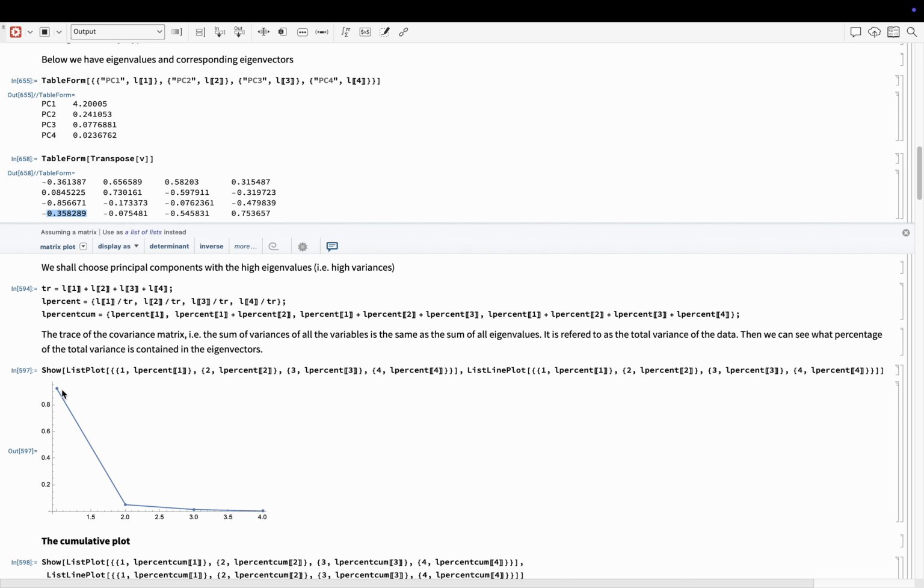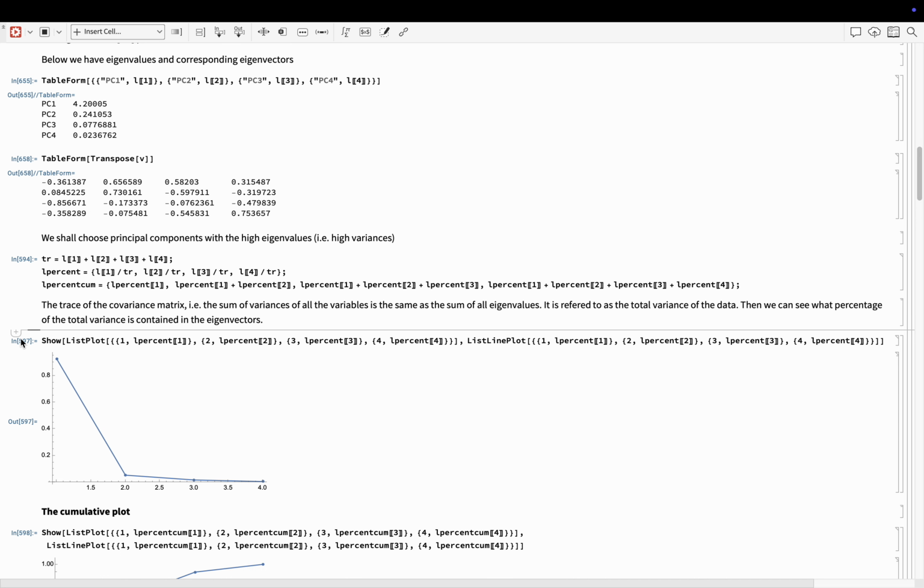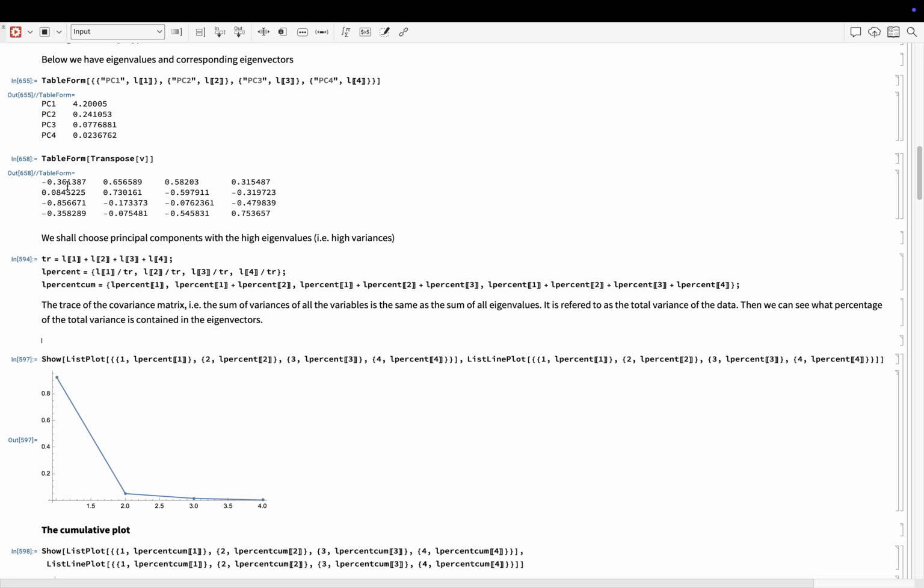We can see here that the first component contains almost all the variance, and the rest are really very, very small. We can maybe add here a cell in which we will create the table with those percentages.